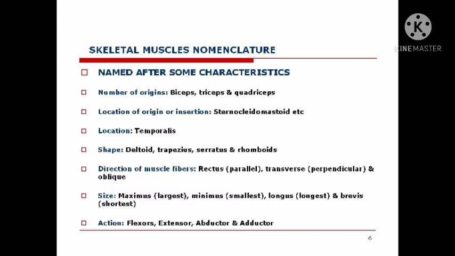Then the direction of the muscle fibers. Rectus means parallel. When the fibers of the muscle run parallel to each other, that is called a rectus muscle. Rectus abdominis is present in the anterior abdominal wall.